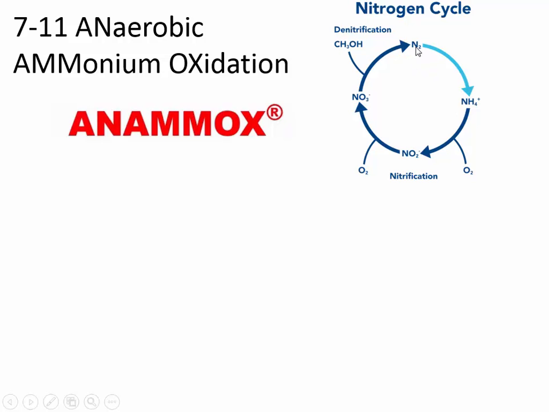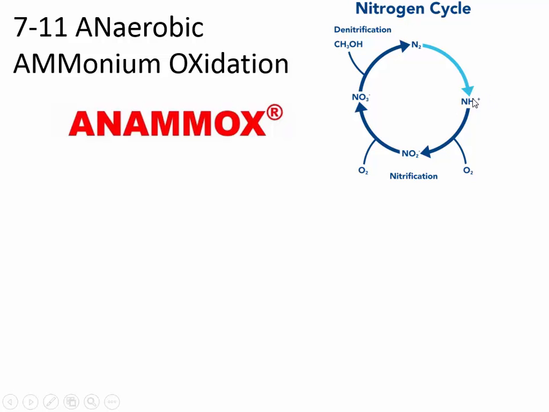Now this first part, N2 to NH4, humans do that. We're the ones responsible for taking nitrogen gas to NH4. And we do it by creating fertilizer and then applying the fertilizer to the land and eating the food that grows. And then, as they were saying in the video that we watched, a lot of the ammonia in wastewater is from human urine. So people are contributing the NH4.